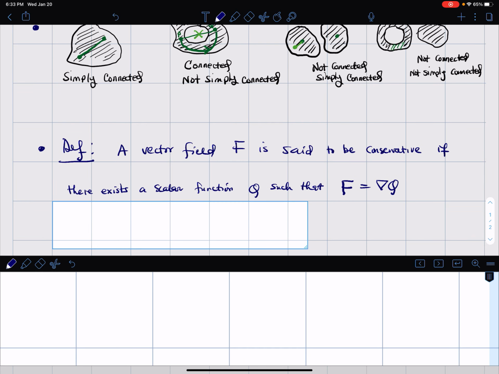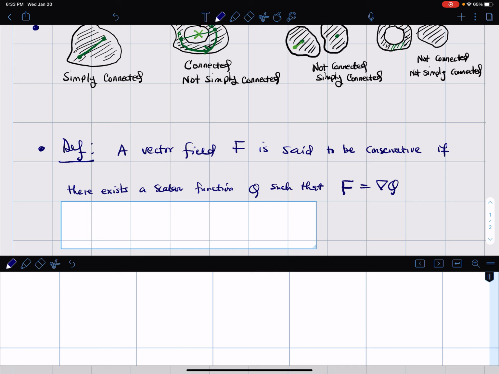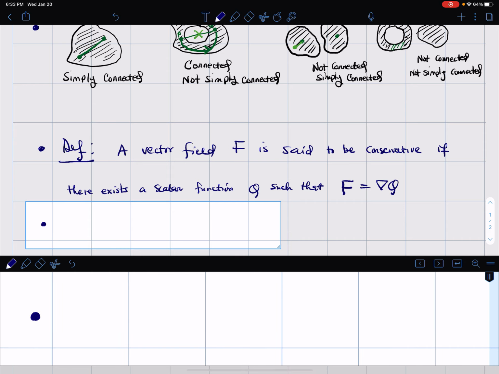All right. Then, how do we show that a vector field is conservative?